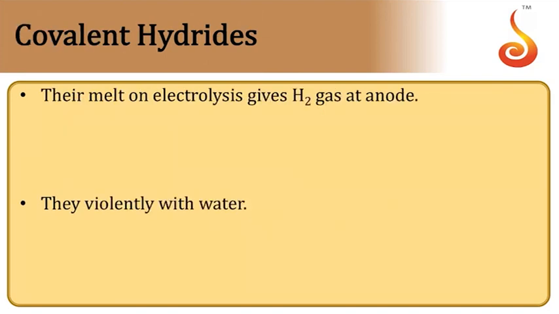So when you take the molten ionic hydride, on electrolysis it gives us H2 gas at the anode. For example, sodium hydride on electrolysis first ionizes to form Na plus and H minus.